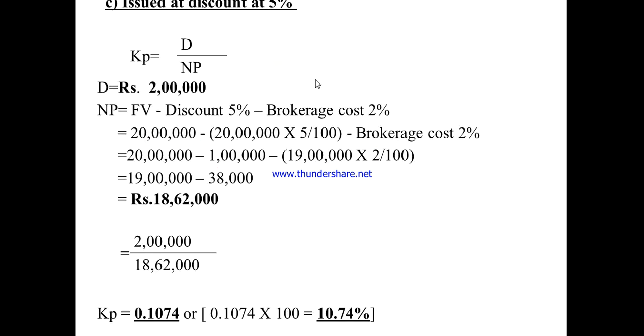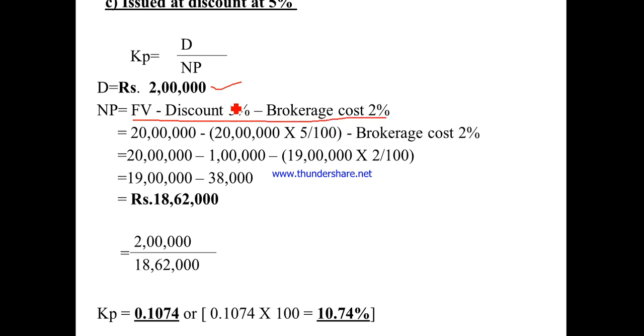Now let us see the discount at 5%. The formula is the same, that is Kp equals D divided by net proceeds. Dividend, that is 10% on 20 lakh, is 2 lakh. For net proceeds, in case of premium it is face value plus premium, but when the preference share is issued at a discount, it becomes face value minus discount minus brokerage cost.